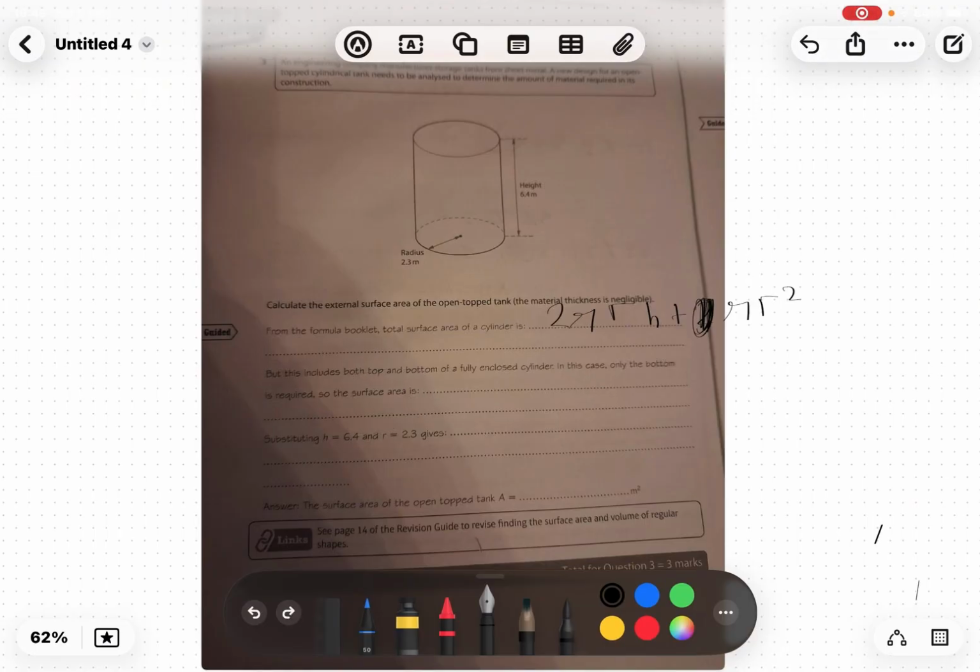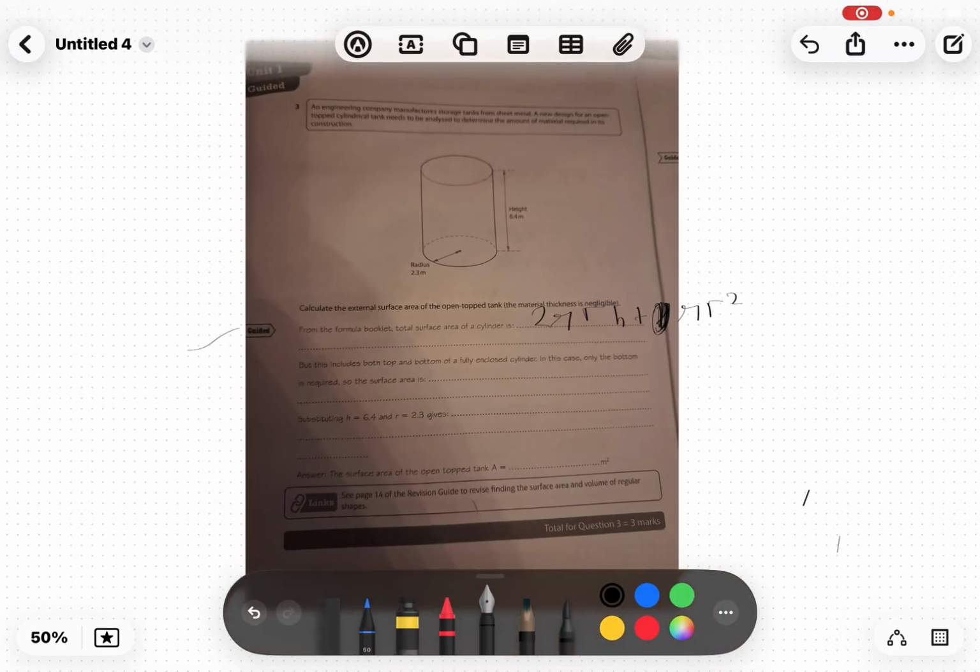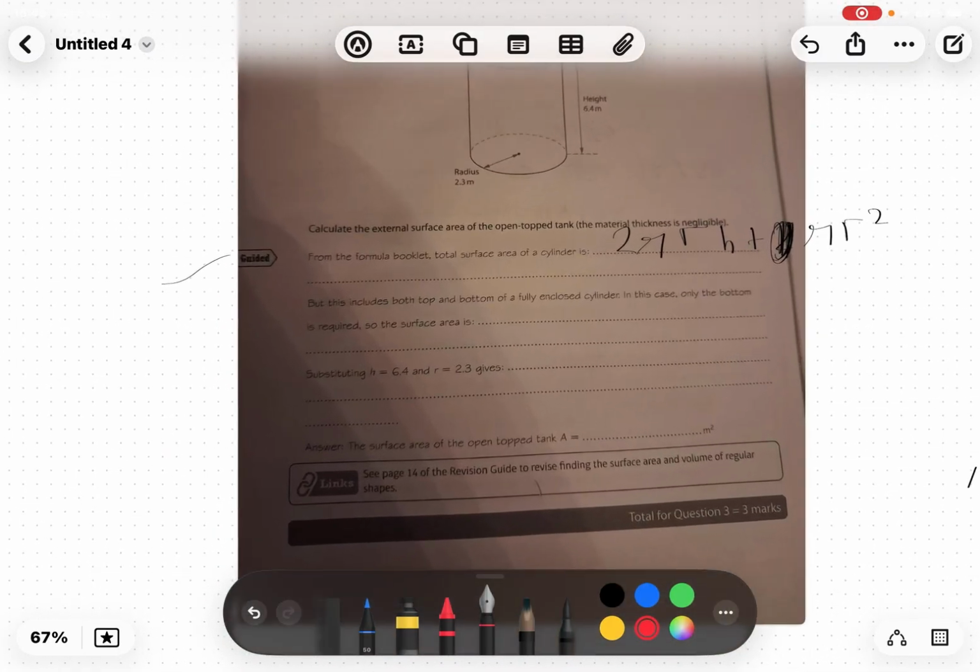So we know the height, we know the radius. That's everything we need. So we just substitute in the equation.